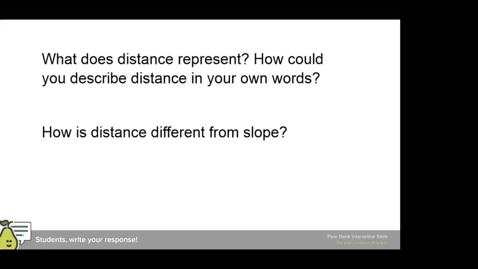How is distance different than slope? Does anybody know? Perfect, wonderful, good job. Distance is how far you are, and slope is how steep that line is. So remember, rise over run, that's slope. But distance is how far you are from one point to another. Good job.